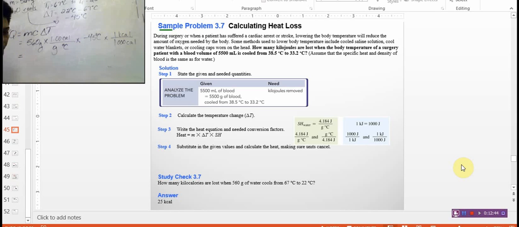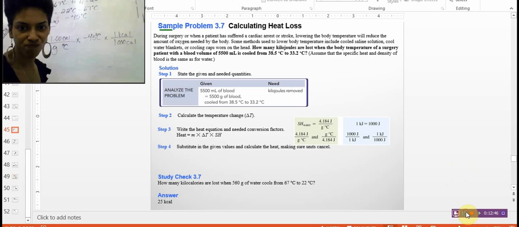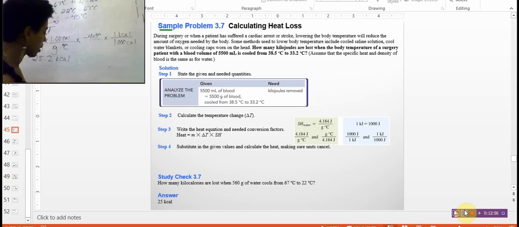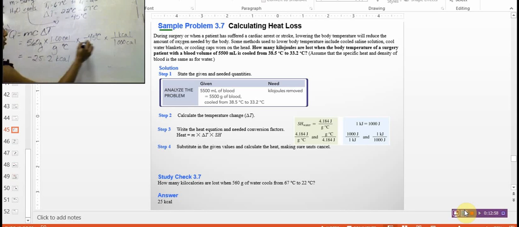Do the math. I get negative 25.2 kilocalories, right? Our sig figs, once again, are 2.